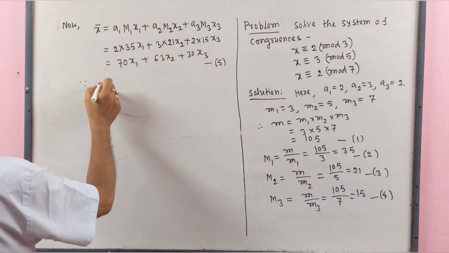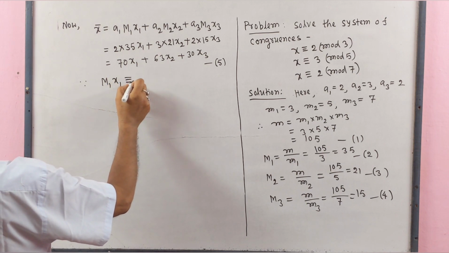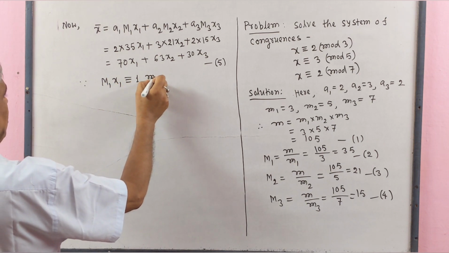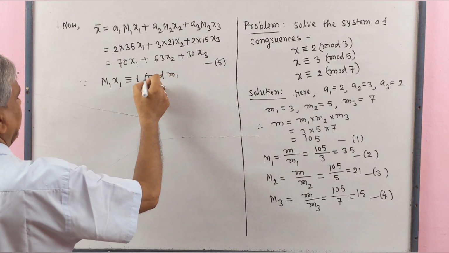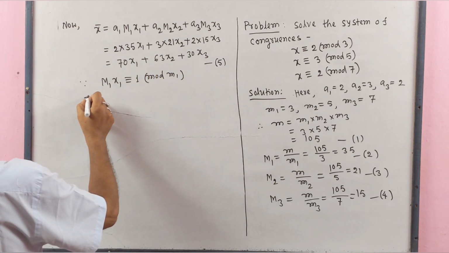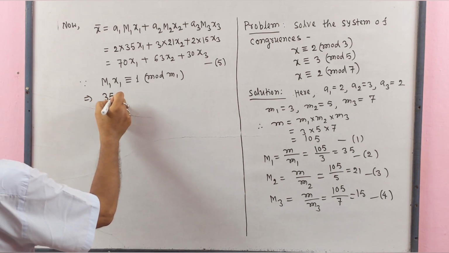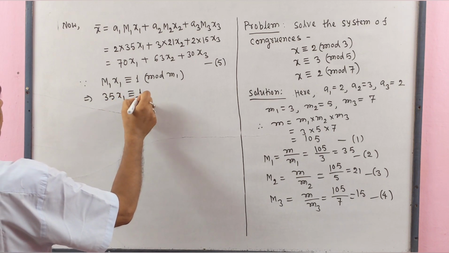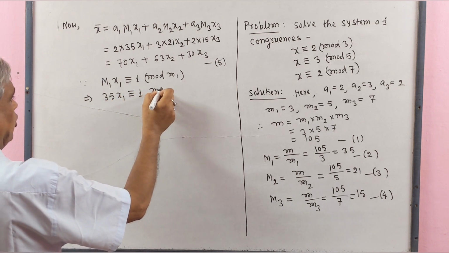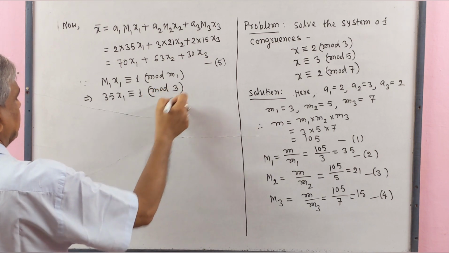Since capital M1 x1 is congruent to 1 modulo m1, that means capital M1 is 35, x1 congruent 1 modulo 3.